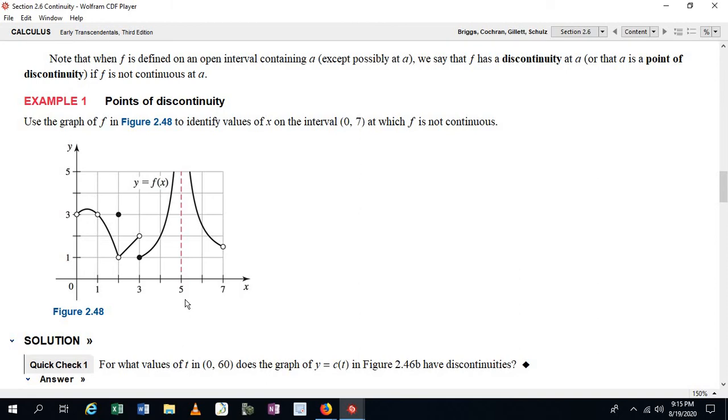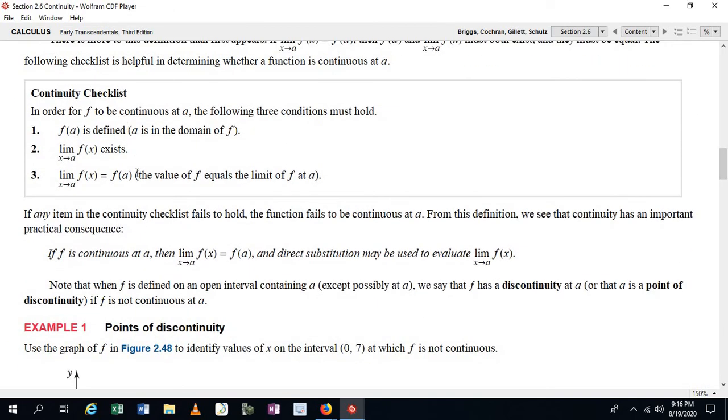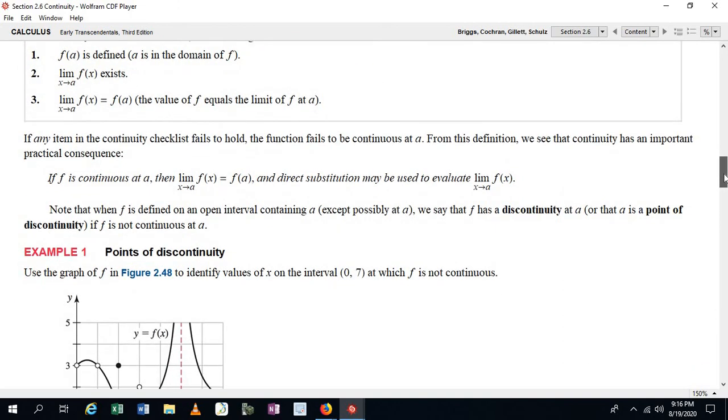Now, I do want to go back and look at the definition of continuity at a point to try to figure out why these are discontinuous. So let's start with 1. What is it about this that makes it discontinuous? Apparently, at least one of these three conditions is not being satisfied. So let's try to figure out which one.